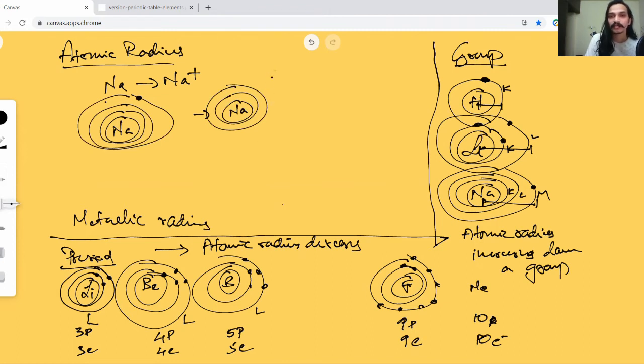So this one has a positive charge because sodium, which has 11 protons and 11 electrons, has changed to 11 protons but only 10 electrons. So if you see, the positive charges are much more than the negative charges over here, because when the electron goes, the proton does not go.